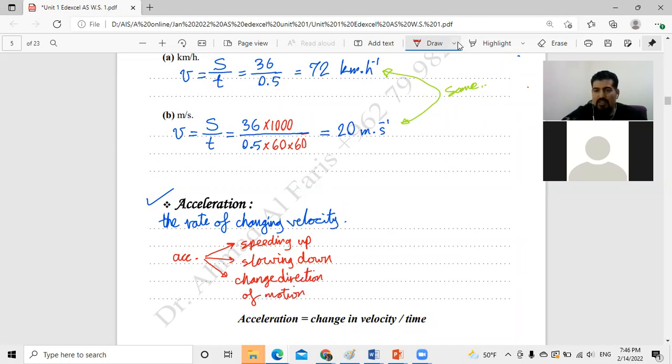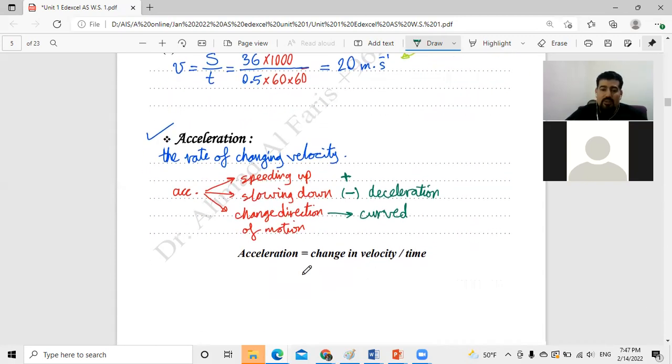Now, speeding up, as all of us know, is the normal acceleration, which is positive. Slowing down, which is negative, they call it what? Deceleration or retardation, yes, deceleration, okay. And change direction of motion, we are not going to study that now, it's in curve motion, like circular motion.